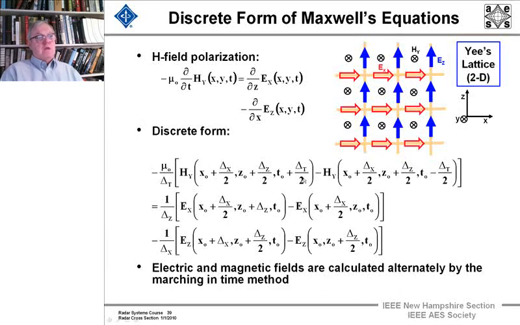So what you've done is you've made an approximation, as good as the delta t is small, to what H sub y is as a function of all these other terms at t sub 0.